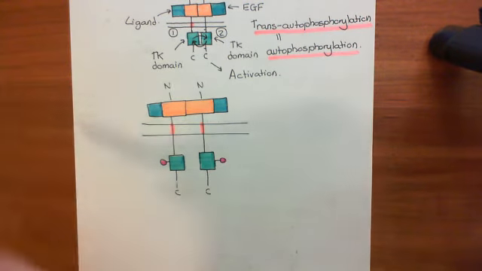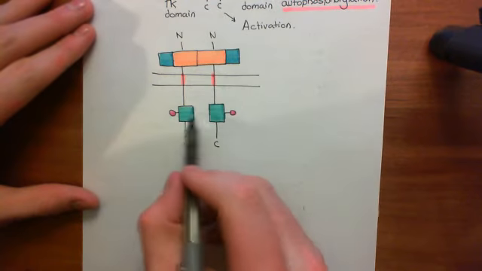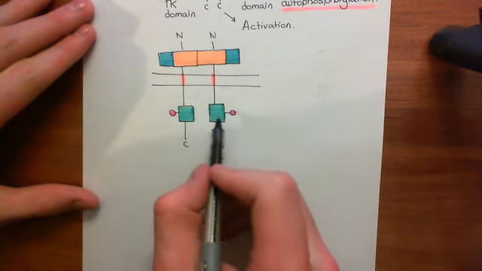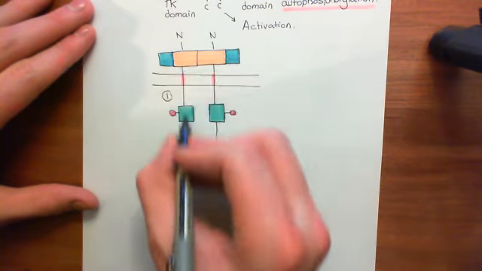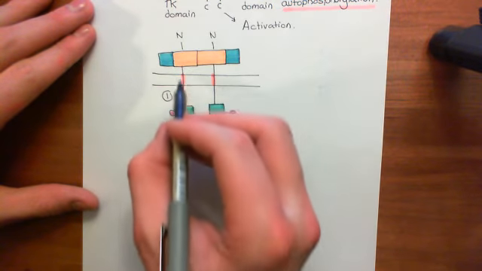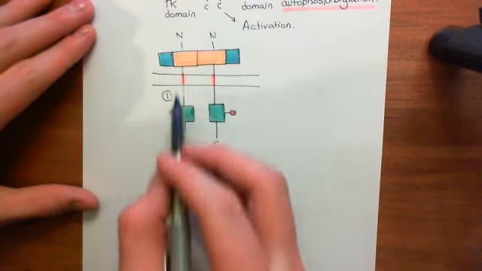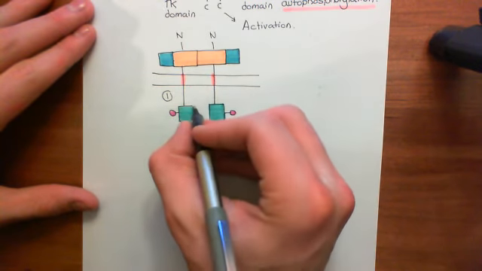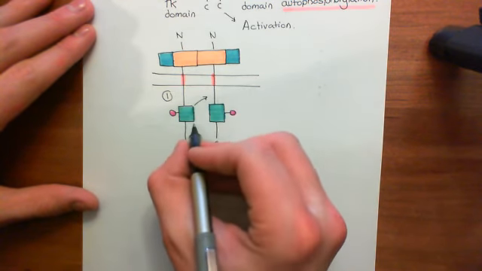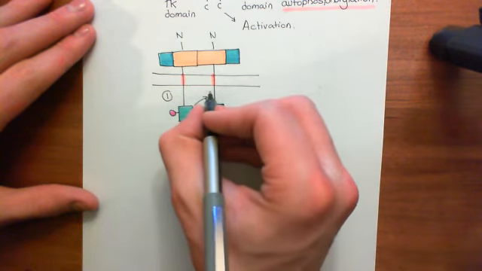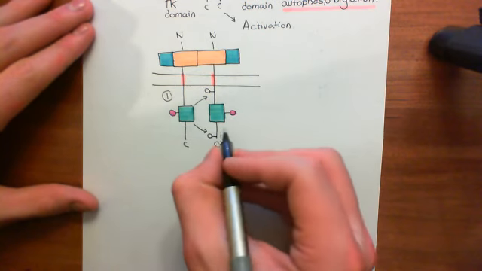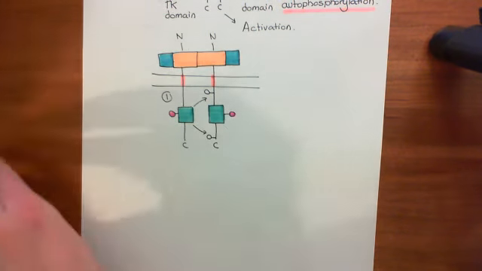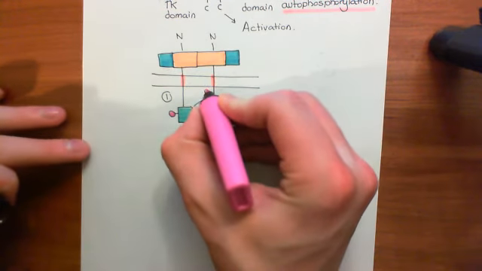Okay, right. So these tyrosine kinase domains are now activated, and what's going to happen is the tyrosine kinase domain here on receptor tyrosine kinase number 1 is going to phosphorylate all sorts of tyrosine residues on the cytoplasmic tail of receptor tyrosine kinase number 2. Okay, so we're going to put phosphate groups onto tyrosine residues all over the place, basically.